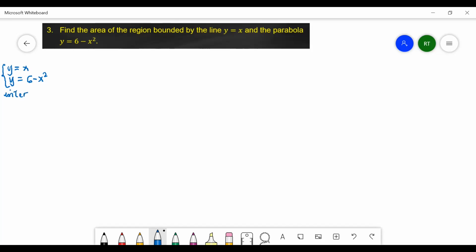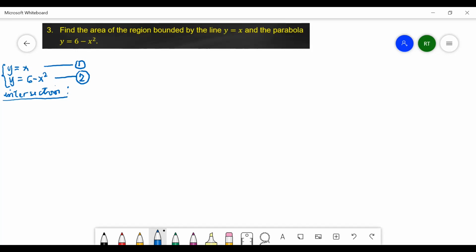To get the intersection of the 2 curves, we solve the two equations simultaneously. Let us call this equation number 1 and the equation of the parabola equation number 2. We can solve the system by substitution.